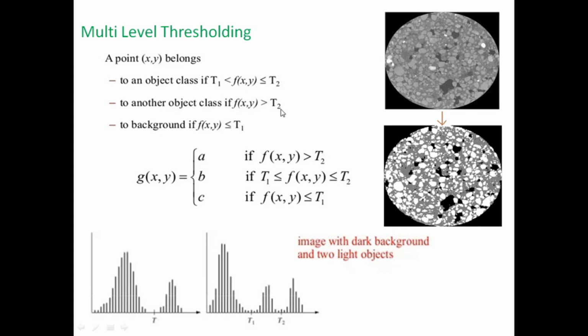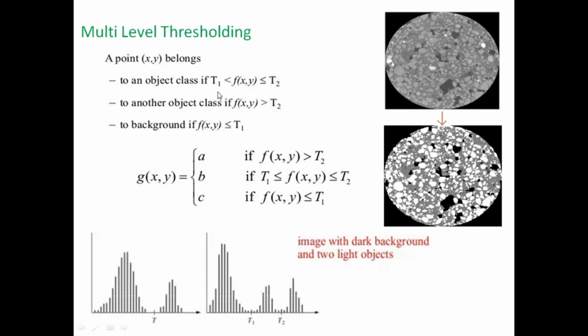For example, if it is a grayscale image, let me take the threshold t2 as around 180. So the pixels which have intensity values in the input image of more than 180 are considered as the white object. This is one object. Let me go with a value of t1 as 120 or 110, something around that.